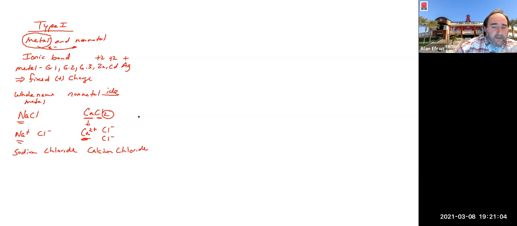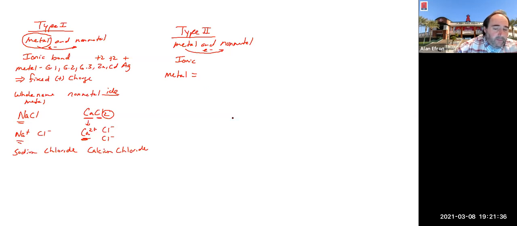Now, we also talked about type 2 compounds, and that's kind of where we left off when we were here together with everybody. Type 2 is also a metal and a non-metal, also going to be an ionic compound, also going to have that transfer of electrons, and also the metal is the most important one in that arrangement.